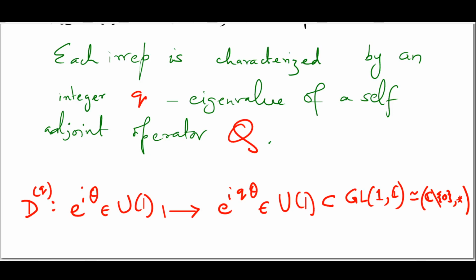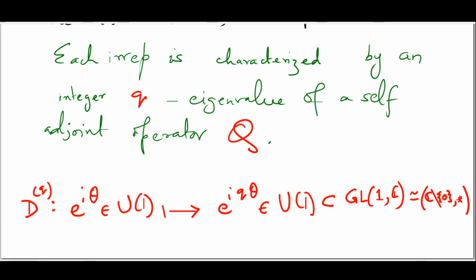In this case, because we are talking of a one-dimensional representation, the corresponding group to which these resulting elements must belong is GL1C, that is, the set of all non-zero complex numbers under multiplication. Of course, the representation doesn't really span the entire GL1C. It only gives you elements in a subgroup of GL1C, which is U1, namely pure phases.